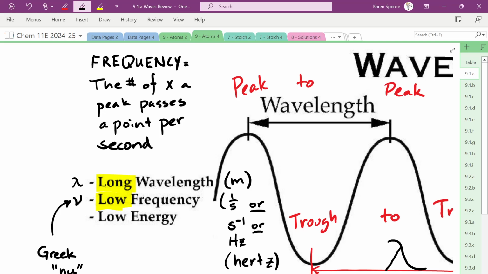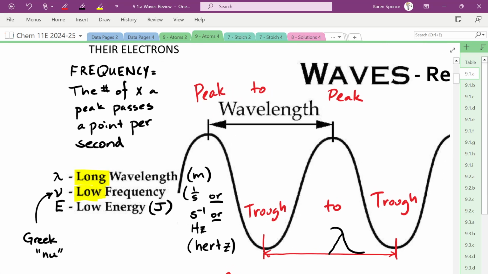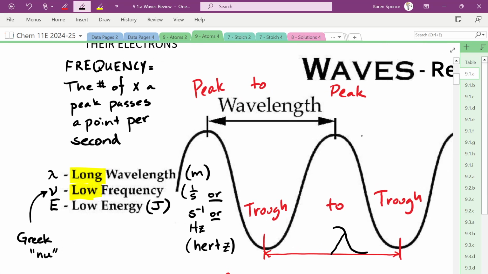Energy is nice and easy. The symbol for energy is E. Okay, and what's the unit for energy? Joules. Okay, so there we have a long wavelength means a low frequency. It also means a low energy.